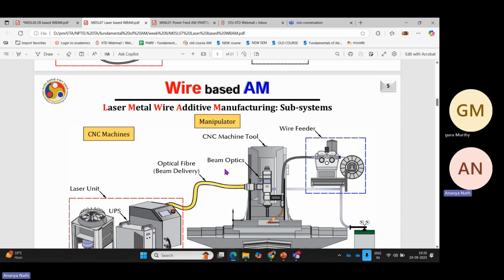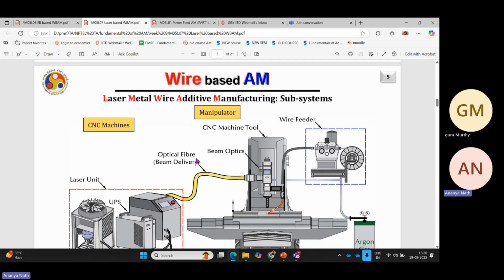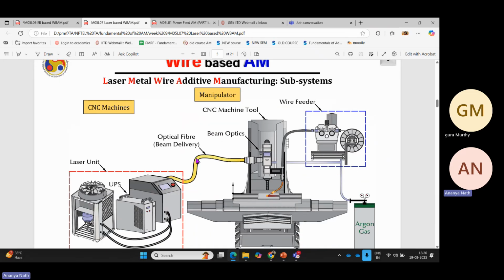In all the processes, the arc and wire, or the plasma and the wire, the electron beam and the wire, the laser beam and the wire, all these pairs come simultaneously through the nozzle or the tool, and they interact on top of the build plate first, then they get deposited. That's why they all are under the directed energy deposition umbrella.